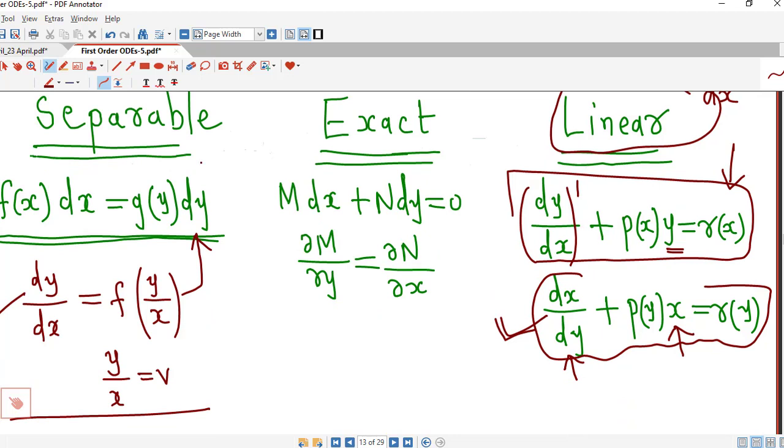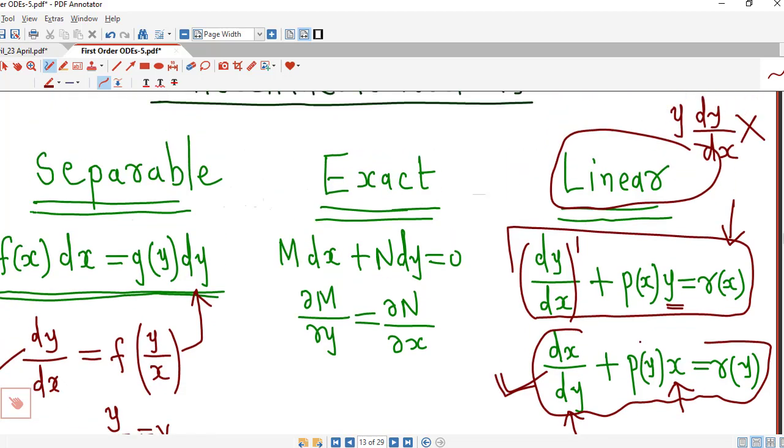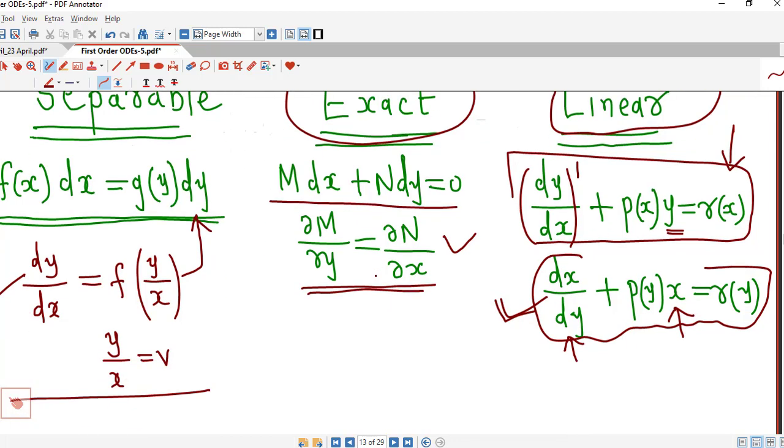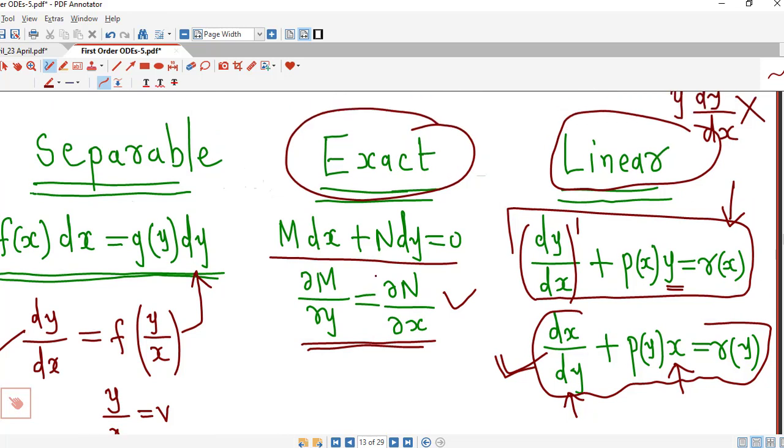Now suppose the equation is not separable and not linear, then we can go for an exact differential equation. That means we can write our equation in this form and we can check the condition for exactness. If this condition is satisfied, then we have a ready-made formula for the general solution of an exact differential equation.